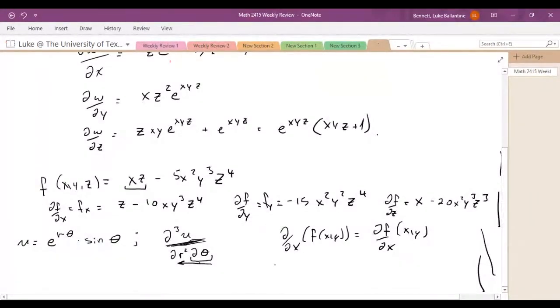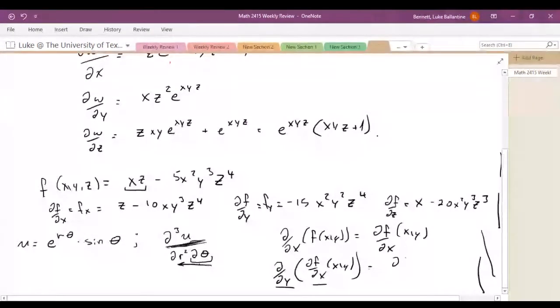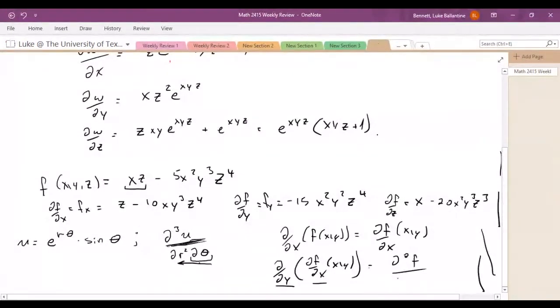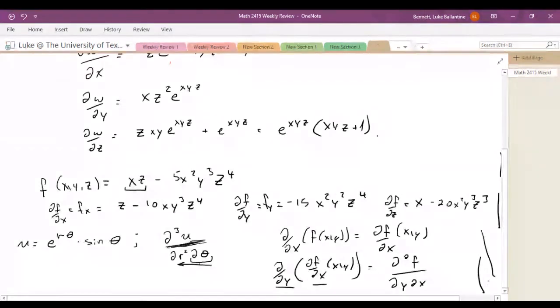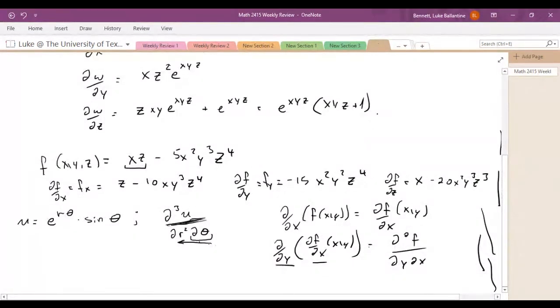But then we do the partial with respect to y of this new function, the partial of f with respect to x of x, y. Well, you see, this is now on the left-hand side, and partial of x, which we did first, is on the right-hand side. We have two partials on top. So this is actually the partial of f with respect to x first, and then with respect to y. So that's how we're going to proceed with this example. We're going to do theta first, and then we're going to differentiate with respect to r twice.